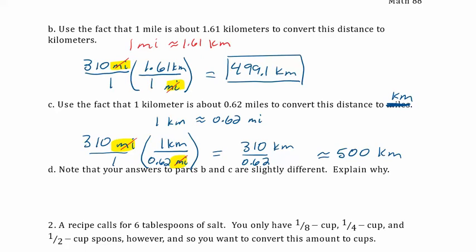So we got a slightly different answer in part B and part C using these two conversion factors. Both of these conversion factors will work for miles to kilometers. The difference is one of them has 1 mile is how many kilometers, and the other one is 1 kilometer is how many miles. And why are these slightly different? Well, they're different because the conversions are approximate.